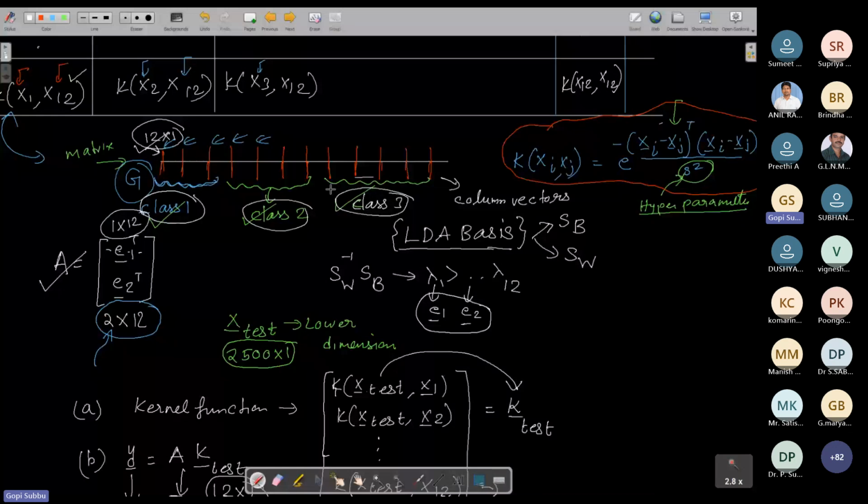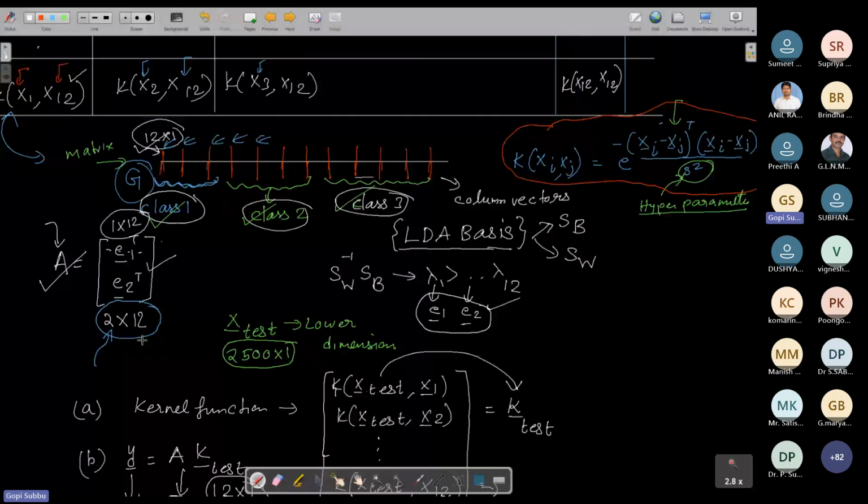Then you need to simply find this LDA basis, right? For that, we need to find the eigenvalues, arrange them in descending order, select the significant eigenvalues, and then find the corresponding eigenvectors and arrange them row-wise to get the transformation matrix A, which is of size 2 cross 12 here. And then that's it.